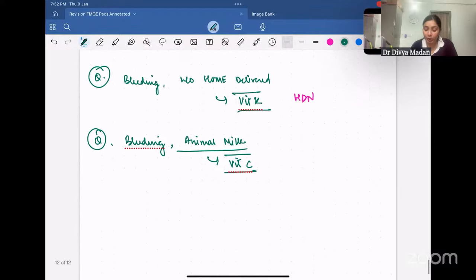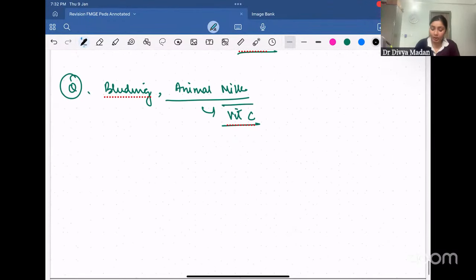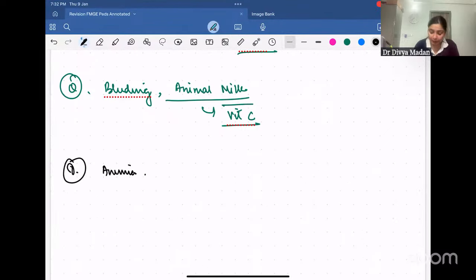I just told you the possible questions that could have been asked about this table. A child with bleeding, home delivered: vitamin K deficiency. A child with bleeding on animal milk: vitamin C deficiency. Apart from that, a very important question: they give you a baby with anemia, and this child is exclusively fed with goat milk.